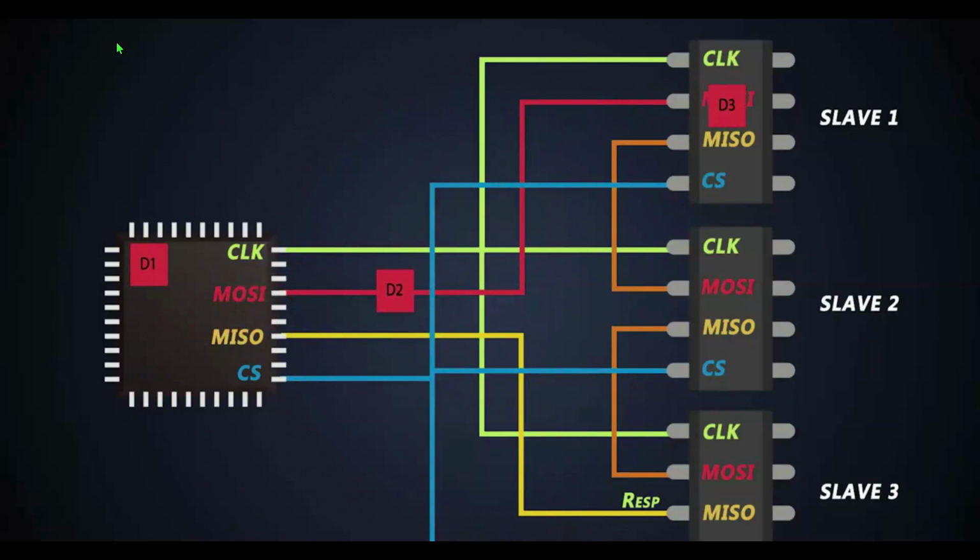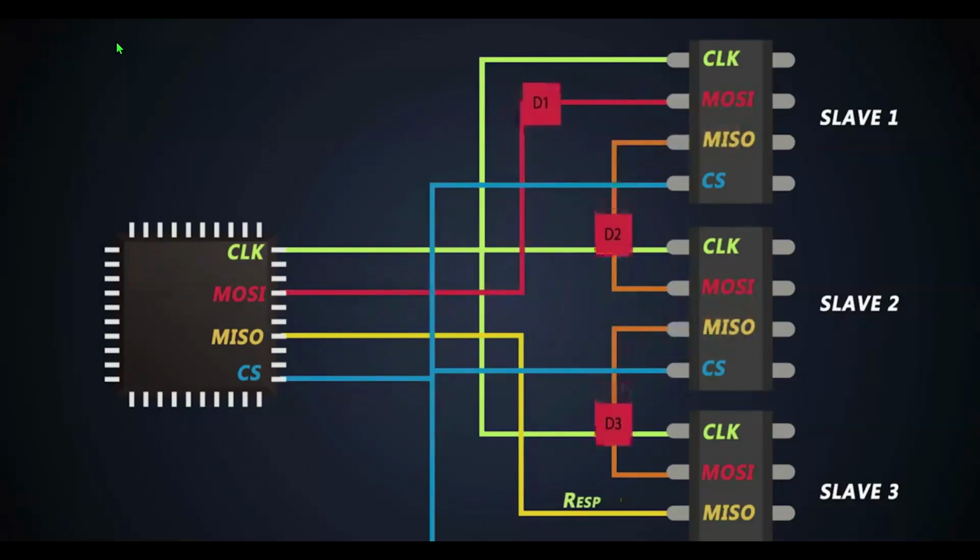So in this clock signal itself, slave 1 will send D3 data to slave 2 through the MISO line of slave 1. Later, in the next 8 clock pulses, the master will send D1 data to slave 1.